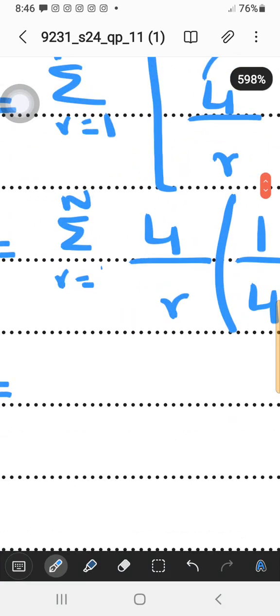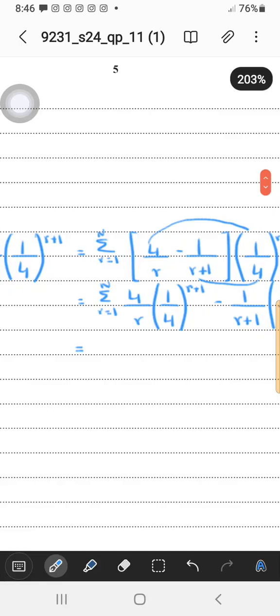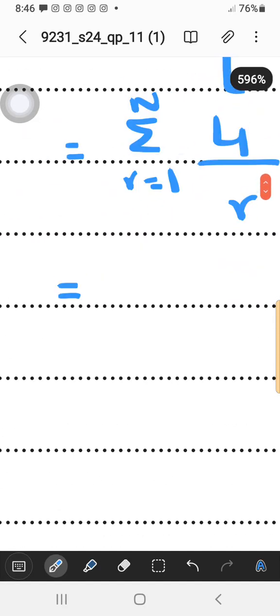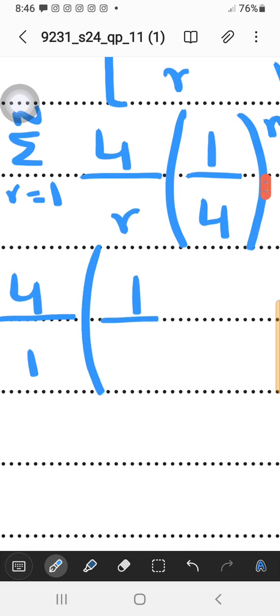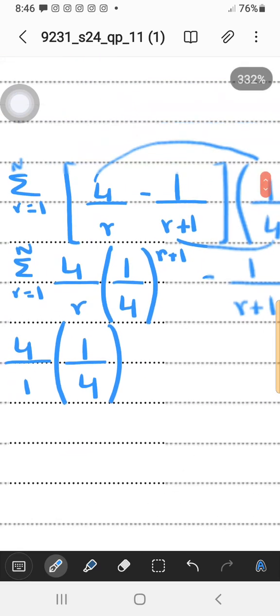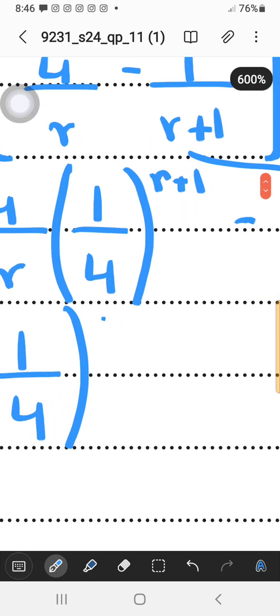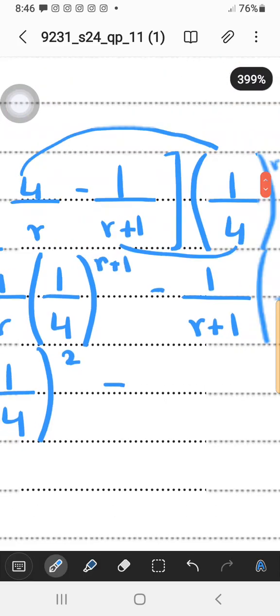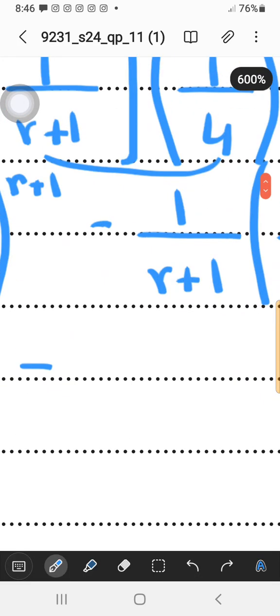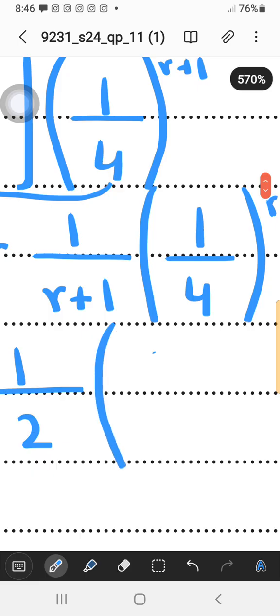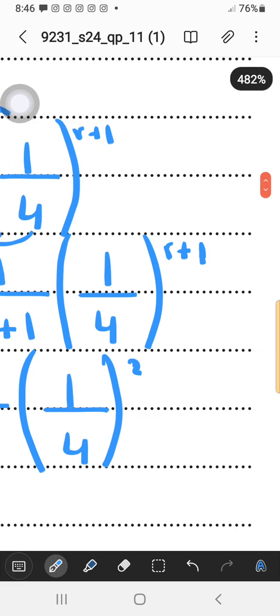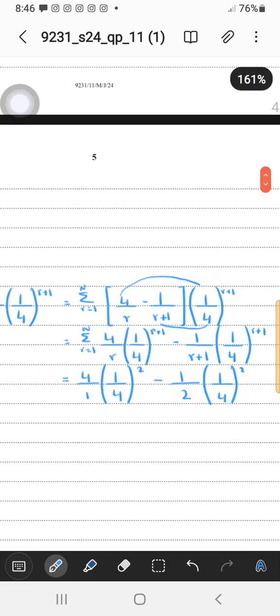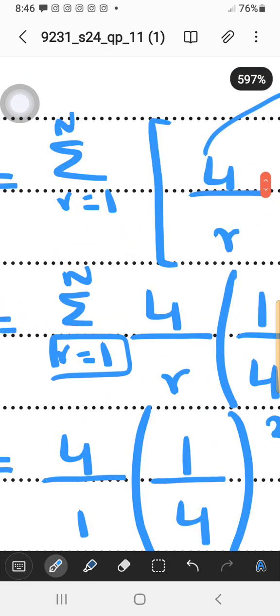First of all, we will insert r equal to 1, so it will be 4 upon 1 times 1 upon 4, and r plus 1 becomes 2, then minus 1 upon r plus 1, which becomes 2 because we are taking r as 1, then 1 upon 4 r plus 1 becomes 2 here. Why are we taking 1? Because here r is equal to 1 as the first value.